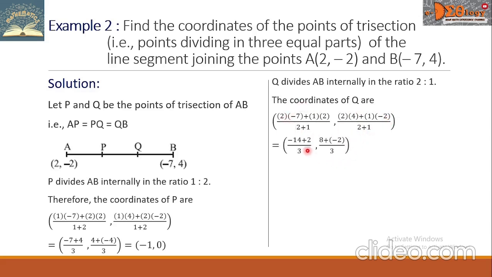The x-coordinate becomes negative 14 plus 2 all over 3. And the y-coordinate is 8 plus negative 2 over 3. We simplify the x-coordinate. Negative 14 plus 2 is negative 12. Divide by 3 is negative 4. For the y-coordinate, 8 plus negative 2, and that is 6. 6 divided by 3 is positive 2. This is the coordinates of Q.